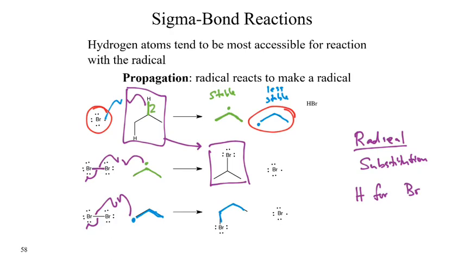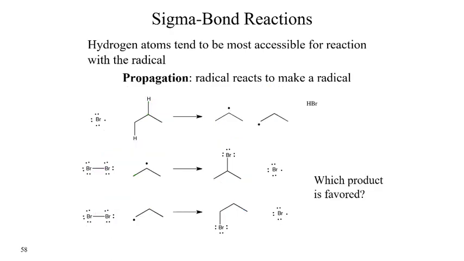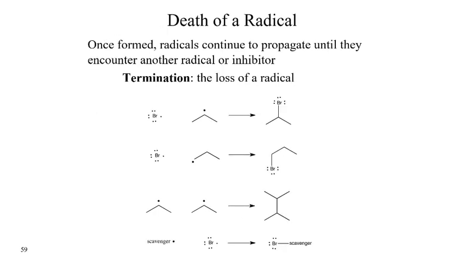Eventually, we need to stop these radicals from reacting, though, and that's where we encounter our termination. So the termination is now the loss of a radical. These terminations happen, just like the initiations, very infrequently. The initiations are very small concentrations.